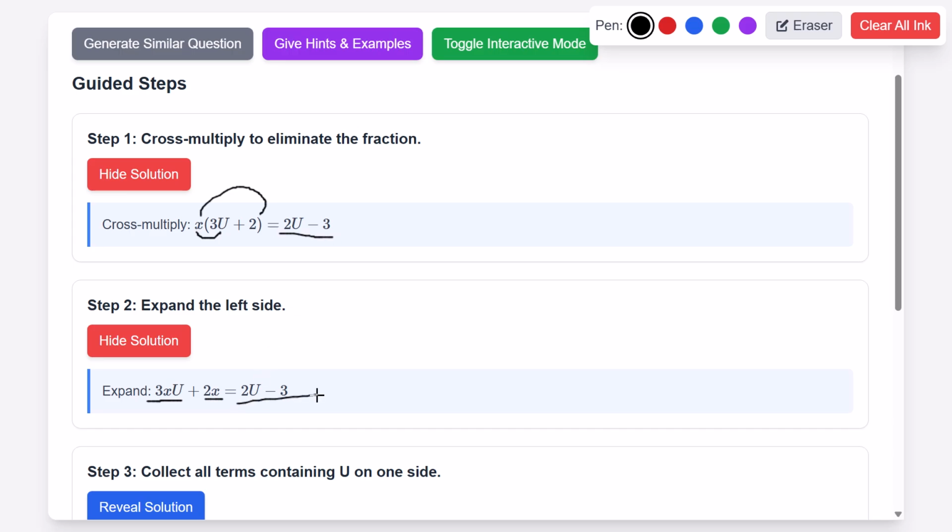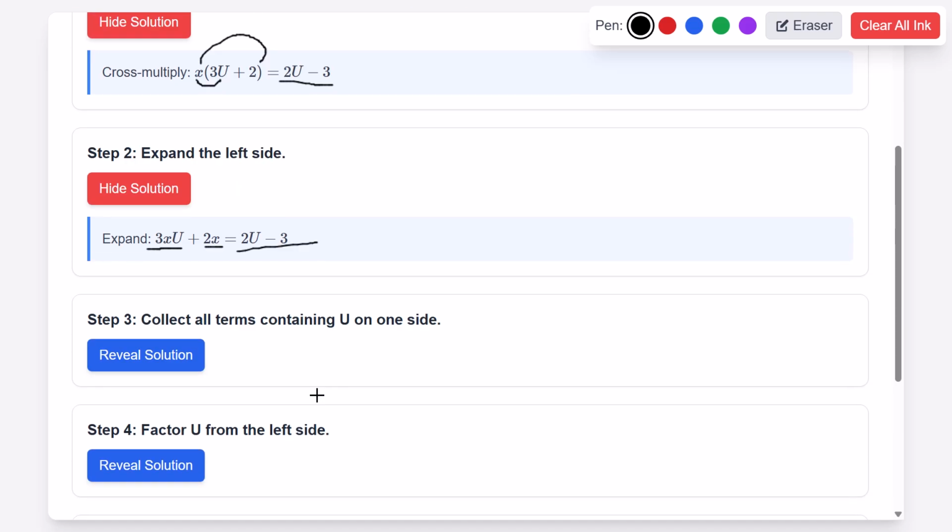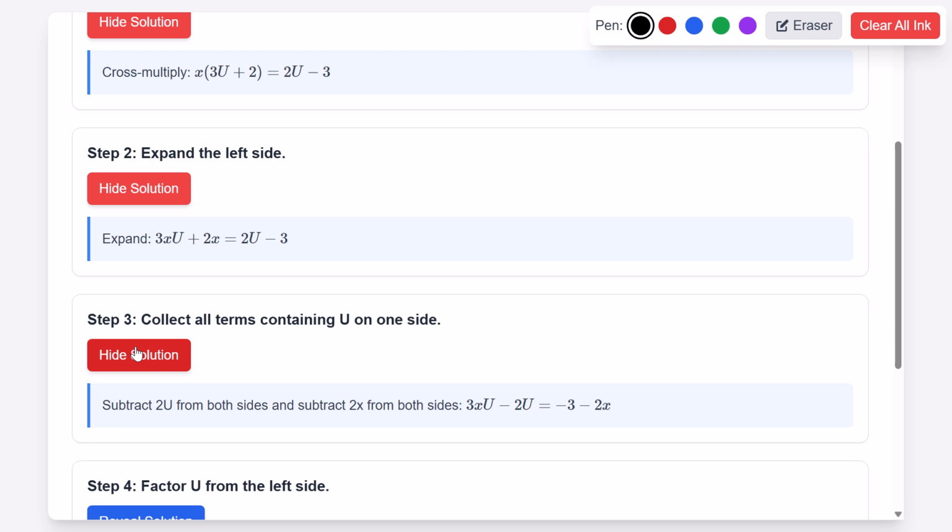2u minus 3. Then from there, we can group all the u terms to one side because we are trying to make u the subject. So we will group all the u terms to one side. So now we are going to move this u term over here to the left hand side.